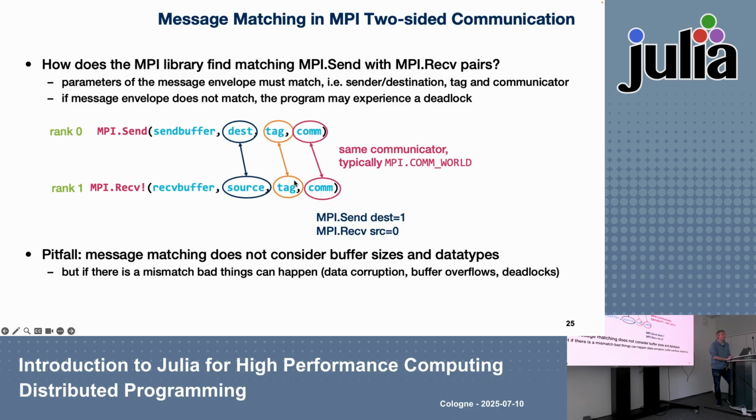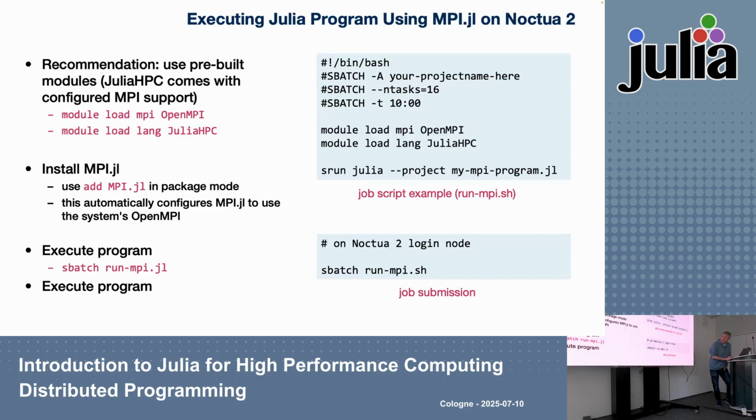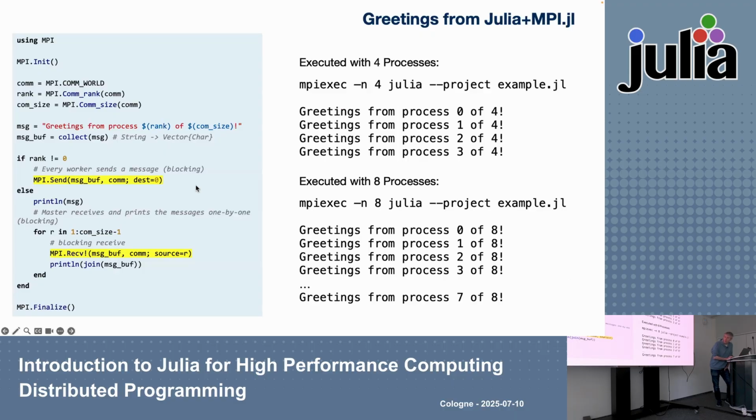You can imagine in our example code here with the greeting messages, we explicitly tell from whom we expect the message. So we do not take the first message that we received. It is stored in the background until we actually ask for it with the receive function.